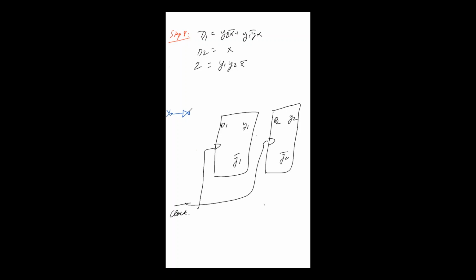For D1, you have to make AND gates and an OR gate. This will go to D1. One input is X bar, another is Y2.